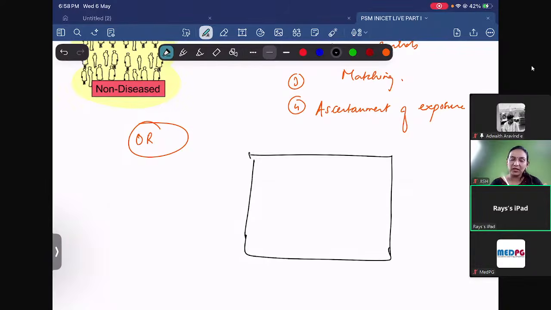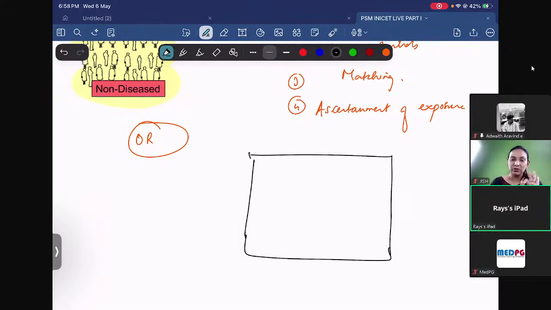You can be asked to calculate the odds ratio if it's a case control study. If it's a cohort, you have relative risk, then attributable risk, population attributable risk. These things can be asked. RCT, again, number needed to treat, number needed to harm. NNH, NNT can be asked, because epidemiology and biostatistics and even calculations are an important, favorite area for INI-CET exams.